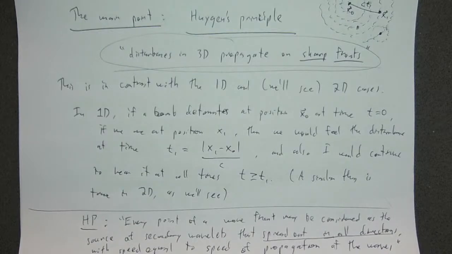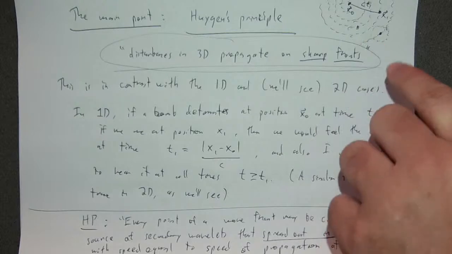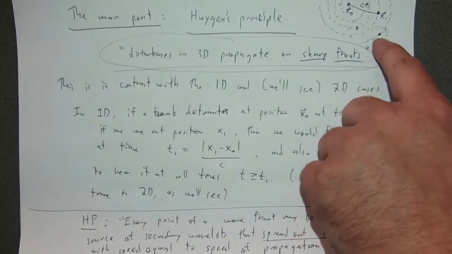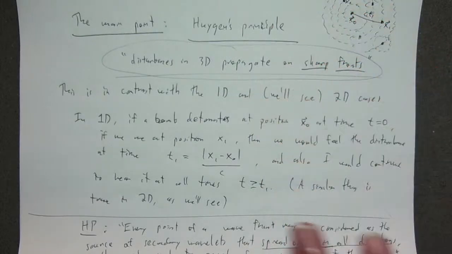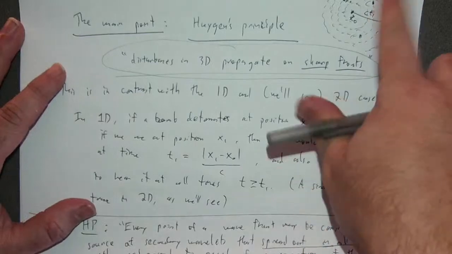And the answer is yes, they would come back to you at some other time, but because this is happening at every point in all directions, they come back from all directions in such a way that they cancel each other out.